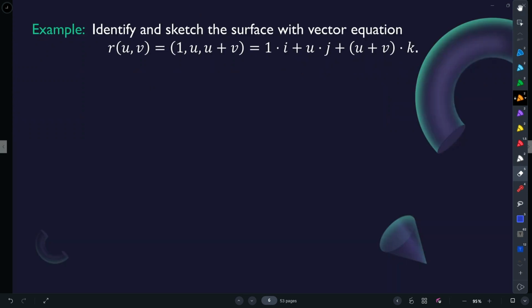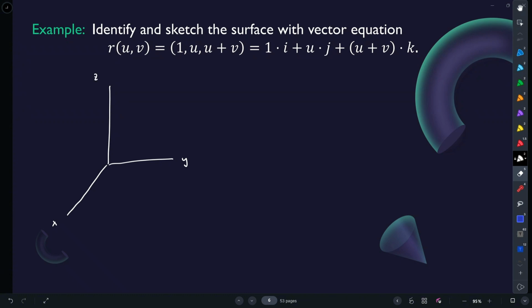So how do we do this? Let's just see what these look like. Let's try to identify and sketch the surface with vector equation given by r(u, v) = (1, u, u + v). So what does that look like in space? Let's draw our space here, x, y, and z.